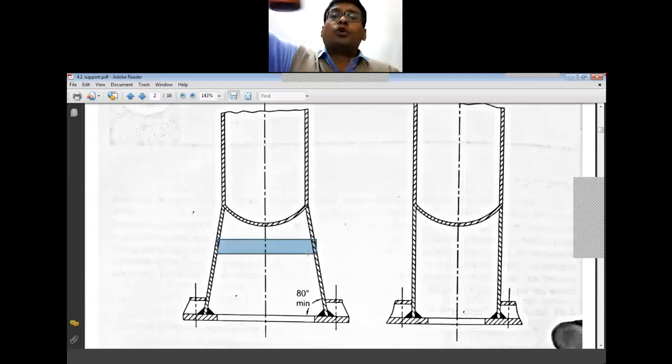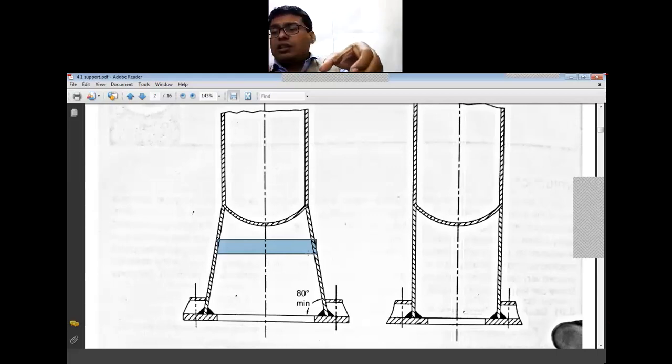Now if I am going to put a support here, what is the weight of the vessel that will be acting on this area? So this area, where the weight is acting, which area is this? That is the thickness and circumference, that is nothing but your pi into d.